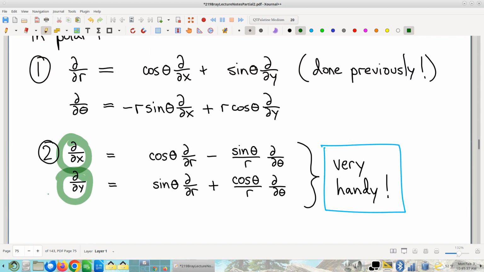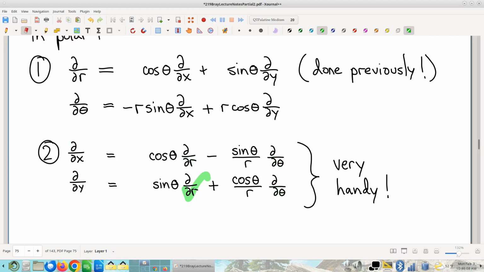That'd be super inconvenient because it's not written in rectangular coordinates. But knowing how to compute those in terms of, in this case, polar operators that apply very naturally to something written in polar coordinates, knowing how to take those easy partials on the right and assemble them to produce the rectangular partials you might need, pretty cool. Pretty handy. So again, good to know where to find those when you need them.